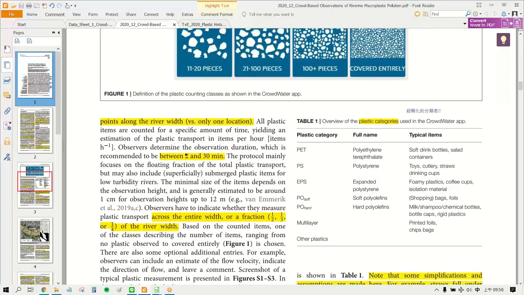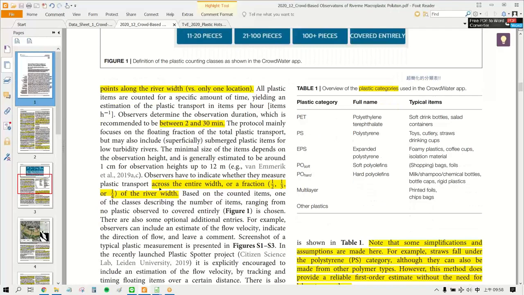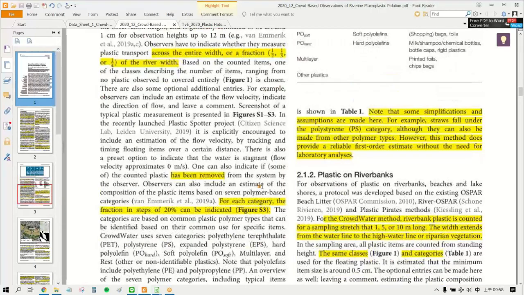The duration of the floating plastic recording is between 2 and 30 minutes, and observers can choose to cross the entire width if the river is small, or only a fraction, like 1/3 or a portion of the river. They can also record whether they removed the trash after recording the data or not.